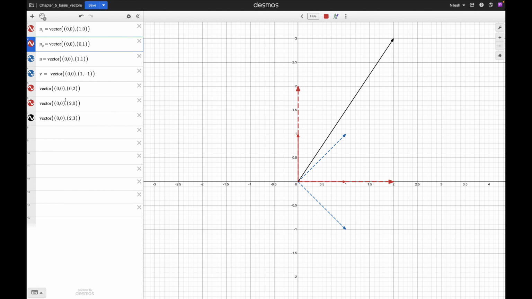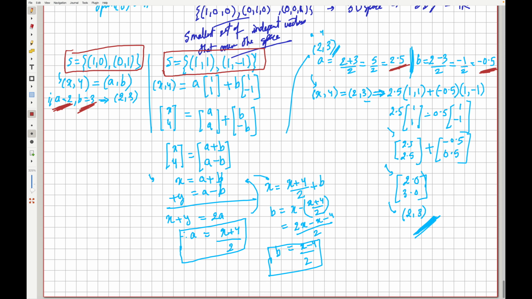And likewise, if you try to calculate for the set of basis vectors 0 2 and 2 0 to get to 2 3, you'll get a different set of values for a and b.